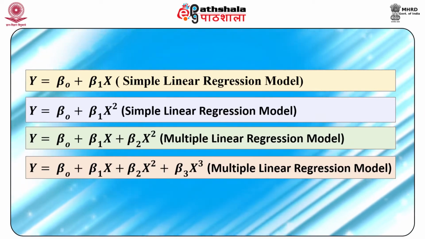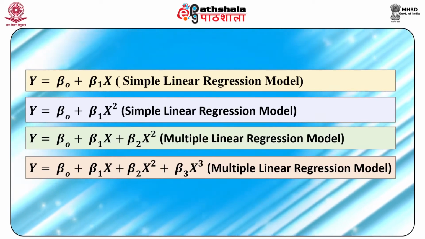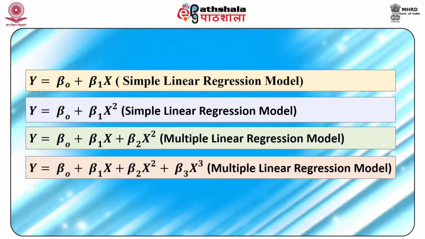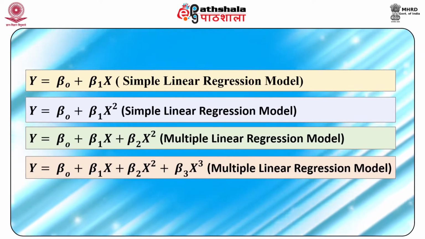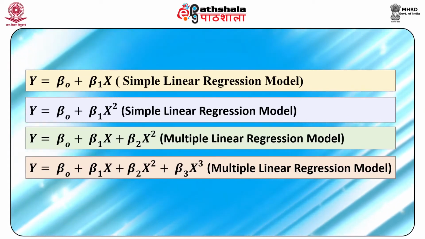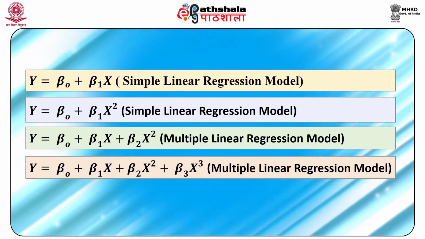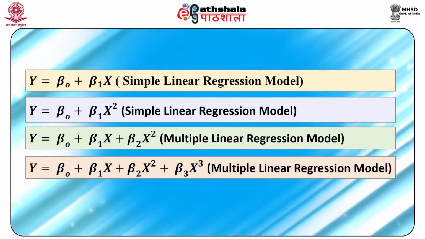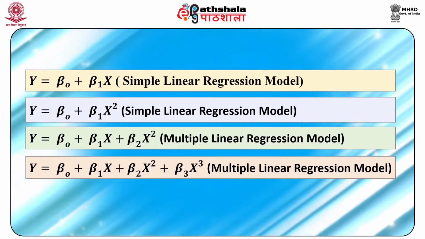Now this is an example of multiple linear regression model because we have more than one explanatory variable, in this case x and x square. So it is a quadratic equation. And then we can also have y is equal to beta 0 plus beta 1 x plus beta 2 x square plus beta 3 x cube.